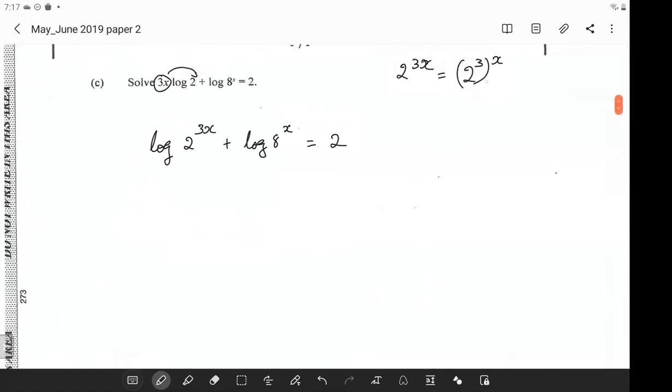Right, so we could simplify this further as 8 to the power of x.